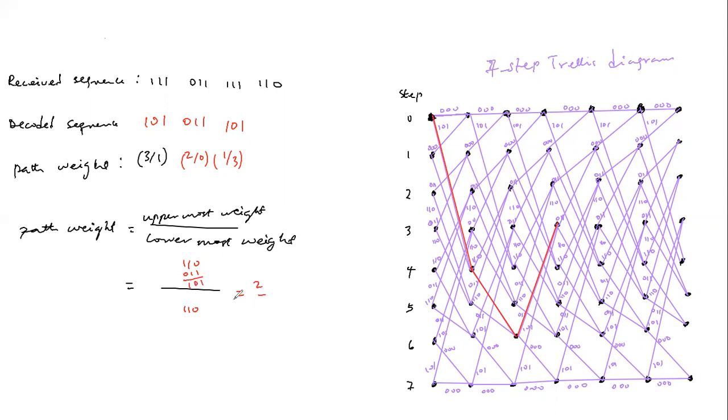Now, if we are tracing downward to step 5, the decoded code word there is 1 1 0. So once we take the weight it is 0, so it is 2 over 0. So the lowermost part has the least weight, so it's going to trace downward.